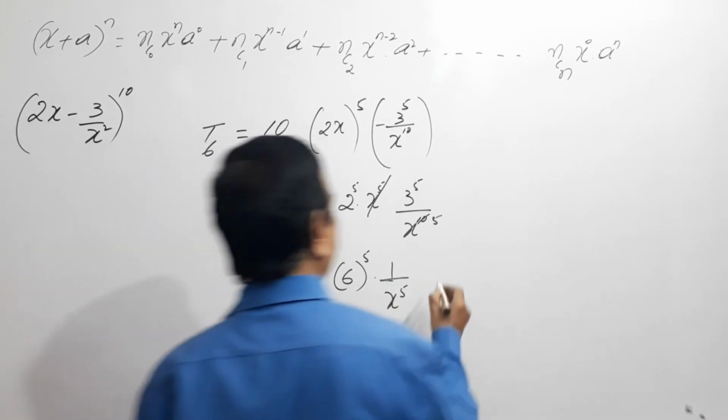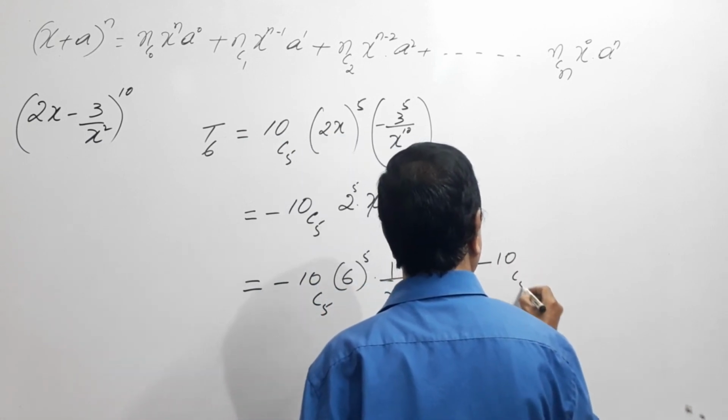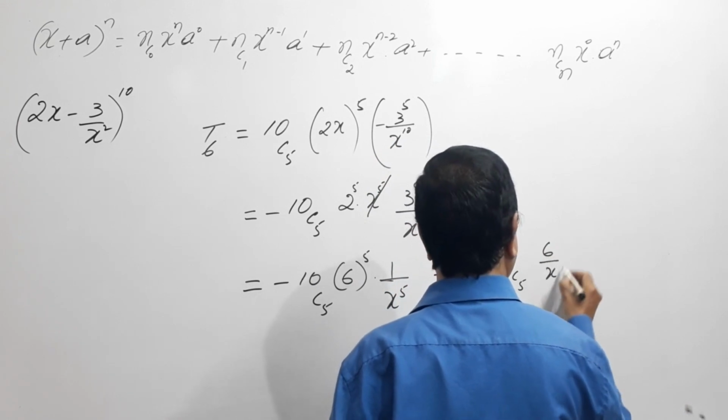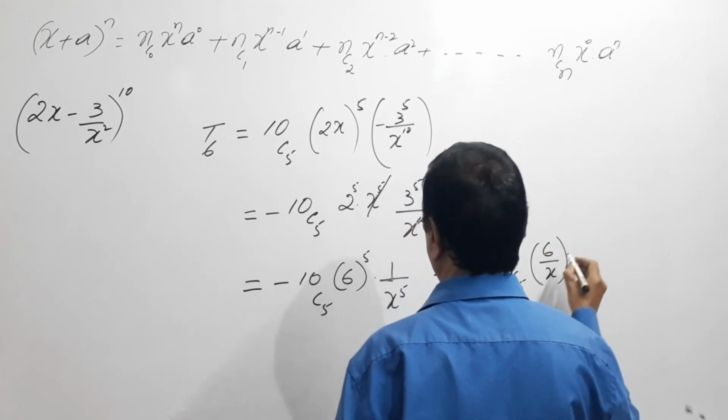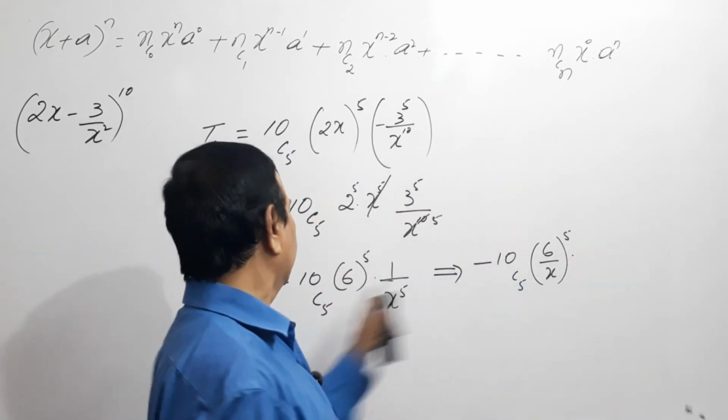So this can be written as minus 10C5 (6 by x) whole to the power of 5.